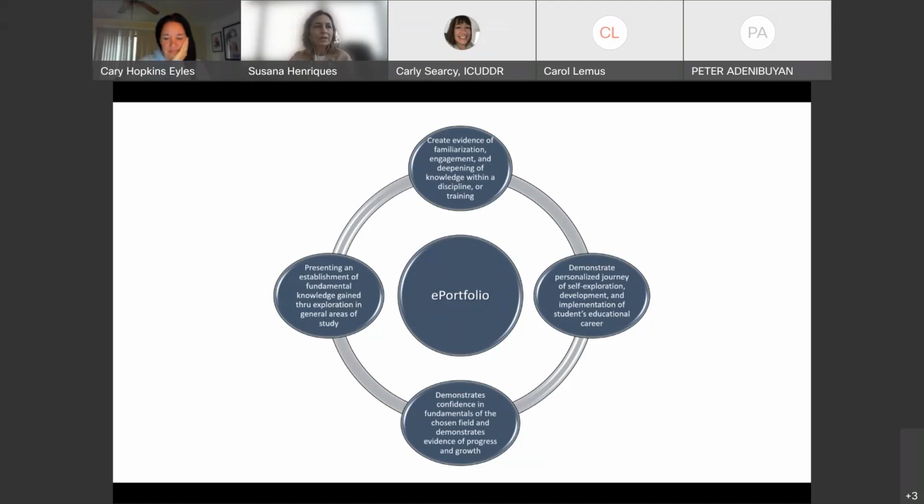They demonstrate a personalized journey of self-exploration, development, and implementation of their student career. With this activity, they can also demonstrate confidence in fundamentals of the chosen field and evidence of progress and growth. And they also present an establishment of fundamental knowledge gained through exploration of general areas of study.